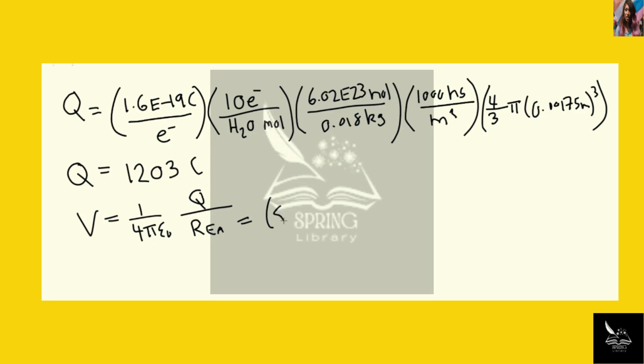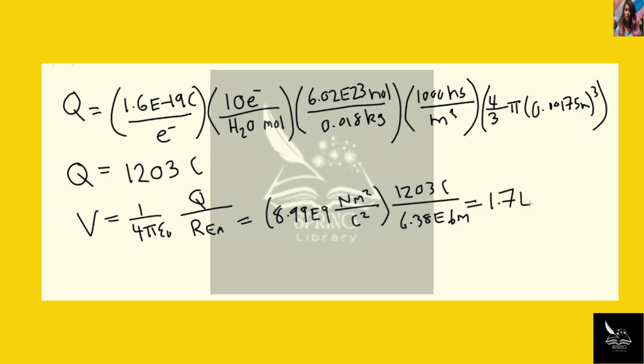We would have about 8.99 times 10 to the 9 newton meters squared per coulomb squared, multiplied by our charge, 1,203 coulombs, over the radius of the Earth, which is about 6.38 times 10 to the 6 meters, which comes out to be 1.7 times 10 to the 6 volts.